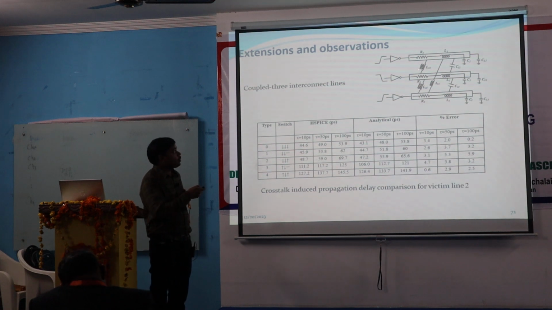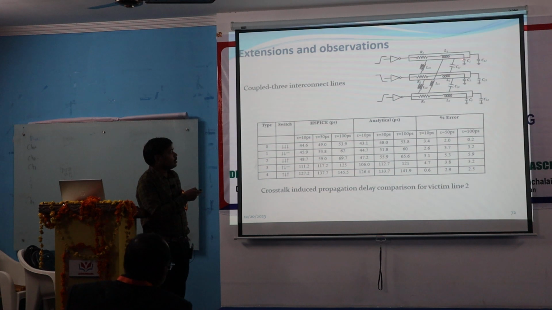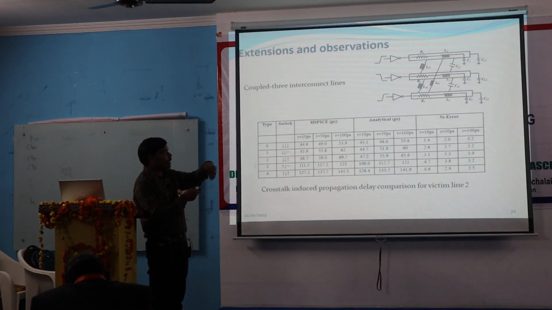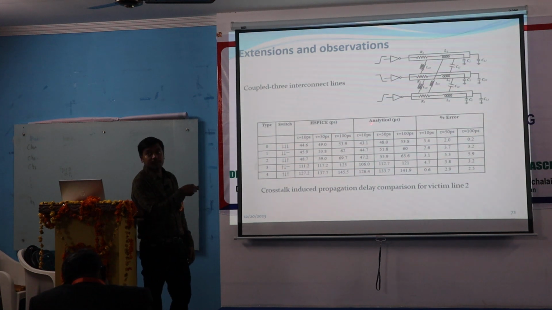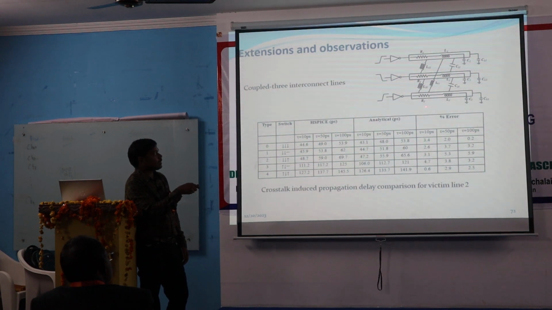See what happened. You are sending the signal on line 1. So whatever electric field it is generating will terminate to 2 only. Suppose the length of interconnect 2 is exactly 50% of the length. Suppose it is terminating at 50%, then C13 will also come, because 1 will see interconnect 2 as well as interconnect 3.